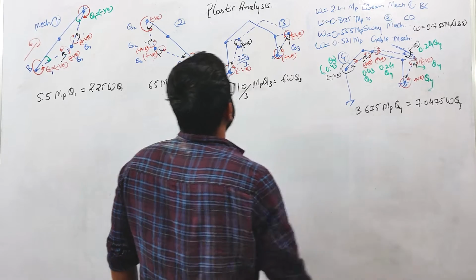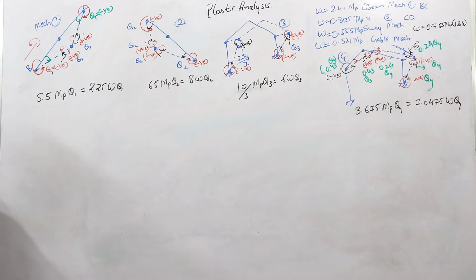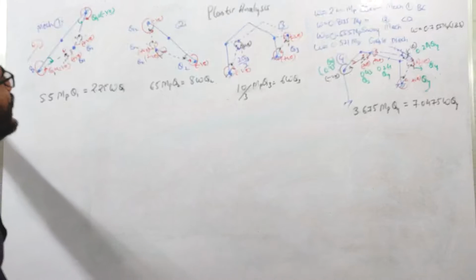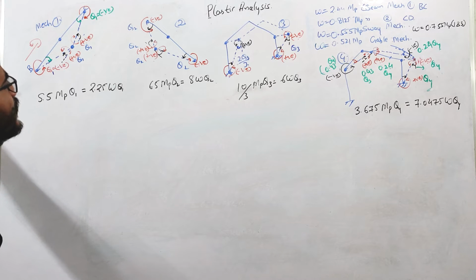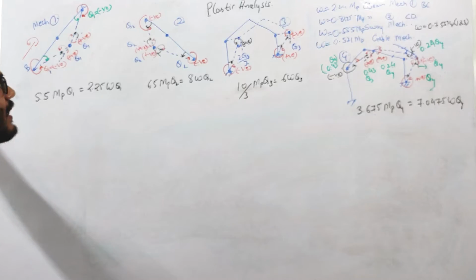So the next thing is, can we combine mechanism 2 and mechanism 3? If you combine mechanism 2 and mechanism 3, hinges are not cancelling anywhere.